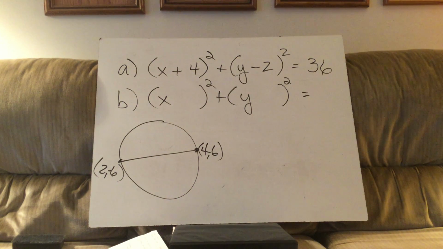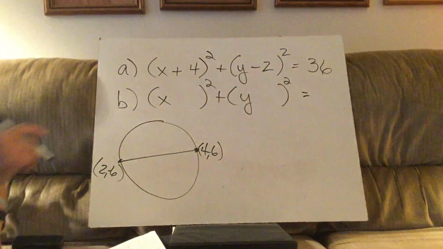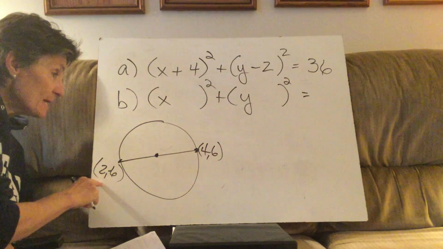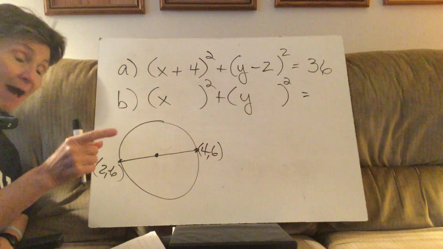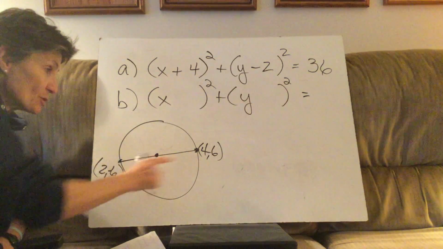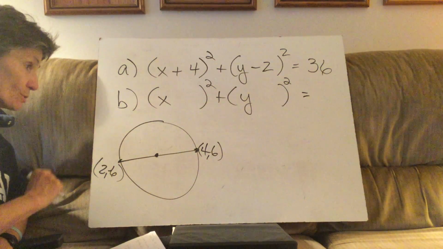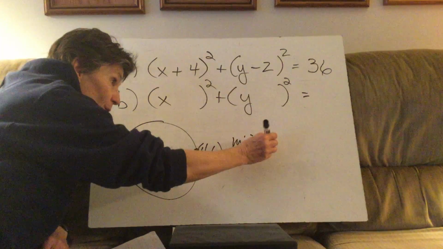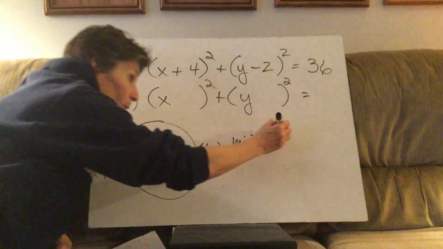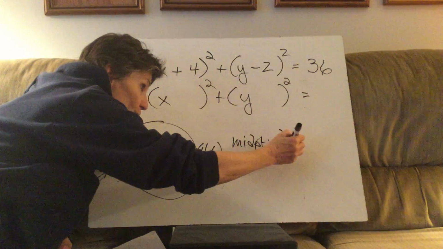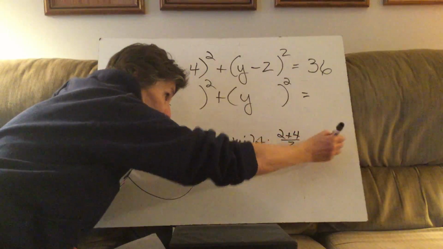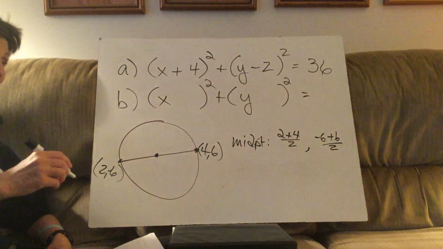So if we are to find the center, we know that it will be the midpoint or the average of these two. So to find the midpoint, remember we're going to average. So 2 plus 4 over 2 and negative 6 plus 6 over 2. That's how we find midpoint.